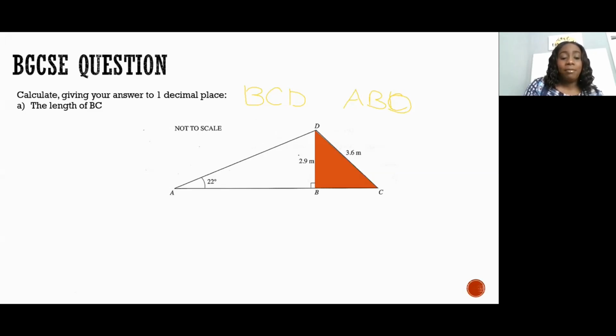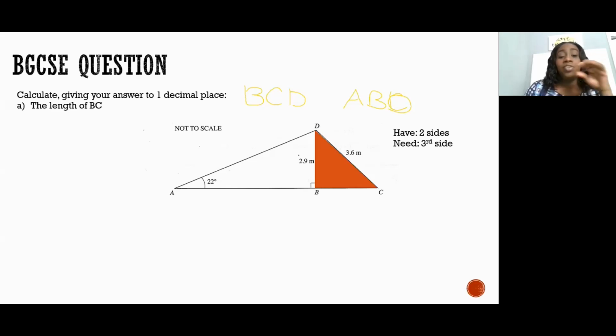What do we have? Tell me what else we have. Do we have angles? Do we have sides? And how many of them do we have? Right, good. We have two sides and we need a third side.